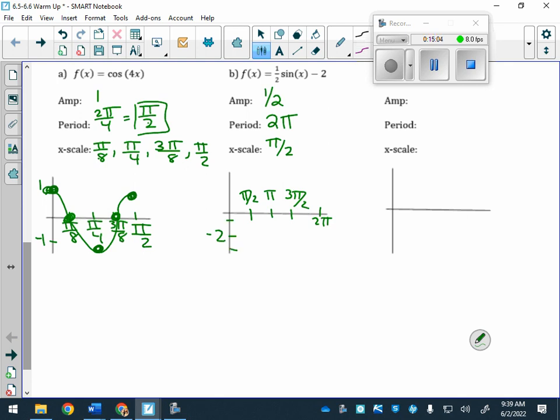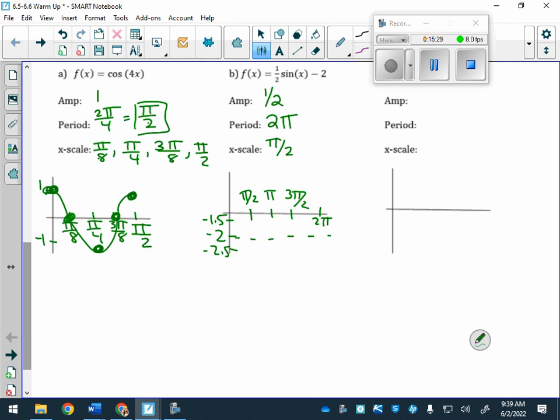What would be the maximum value that we have? Grant? -1.5. Excellent. What would be the lowest point we have? Yep, Jaden. -2.5.